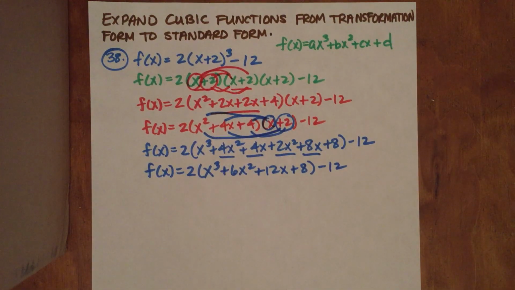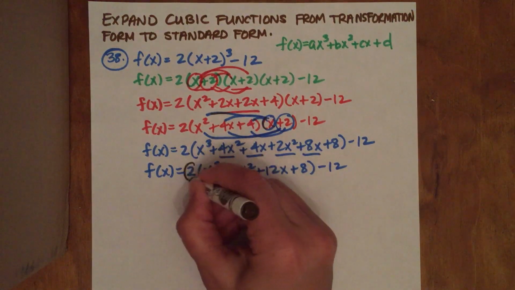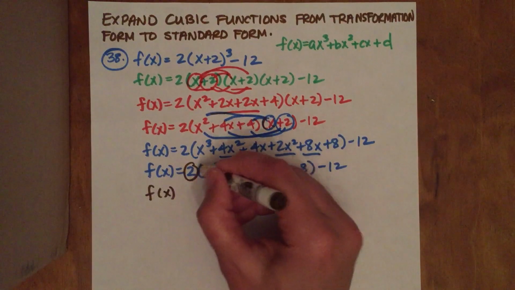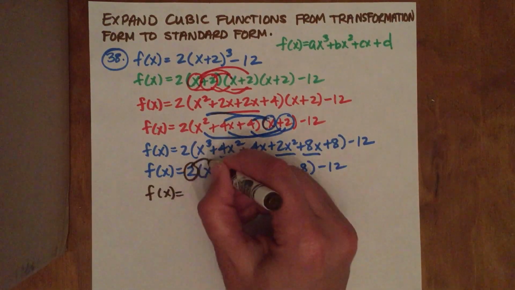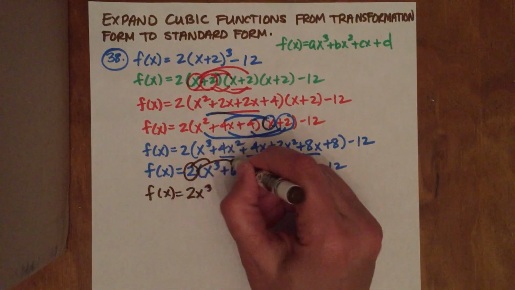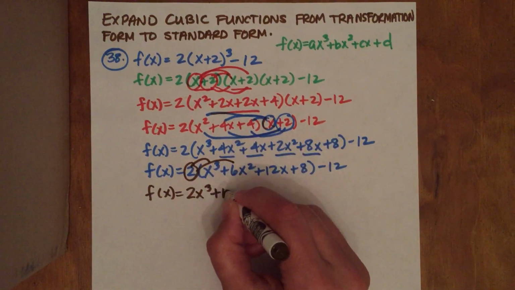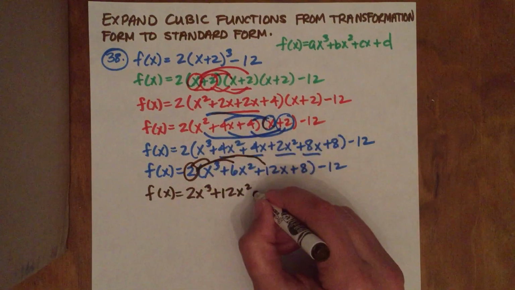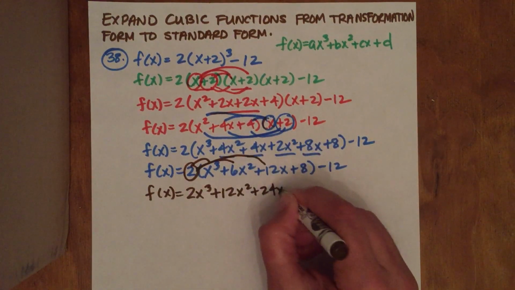Moving on, now we're going to take this 2 and distribute it out. So 2 times x cubed is 2x cubed. 2 times 6x squared is 12x squared. 2 times 12x is 24x.